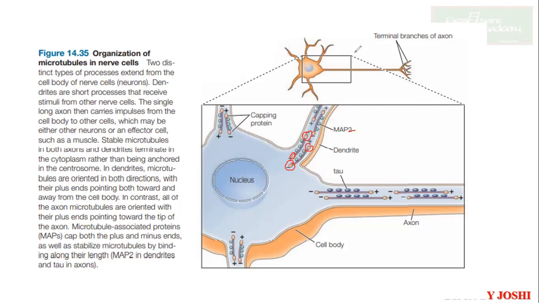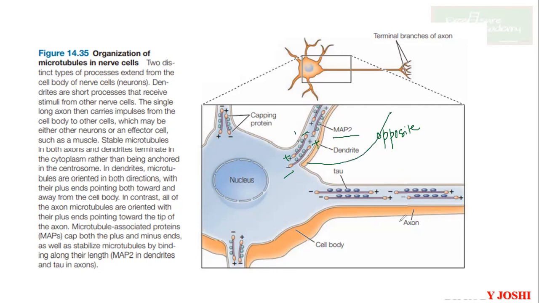Now, if you see the structure here, what is the main difference in this case and in this case, apart from the association of MAP2 and tau protein? What else do you see as the difference? Ma'am, polarity. Very good. Yes. So here we see that it is plus minus, both in opposite directions. Correct? And they are associated with MAP2 in the case of the dendrites.